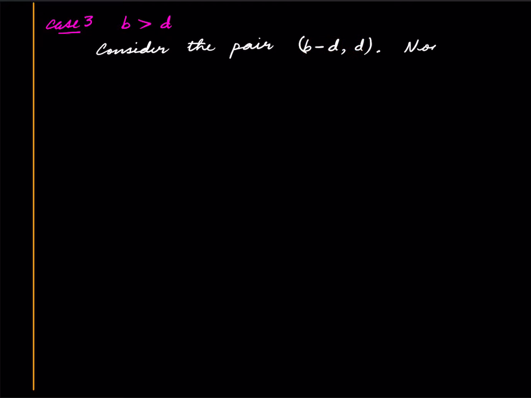Now, f of this pair equals b minus d plus d, which is equal to b, which is strictly less than b plus d, which is equal to f of b comma d.